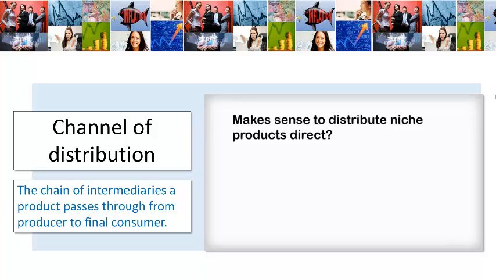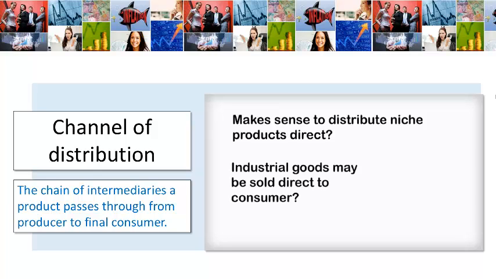On the other hand, if a market has a smaller number of customers, direct distribution becomes more feasible. Producers of industrial goods like aeroplanes or industrial robots may seriously consider direct distribution because they have a small number of customers. Getting these products to the consumer is in some ways far less complex than delivering consumer goods to millions of people.